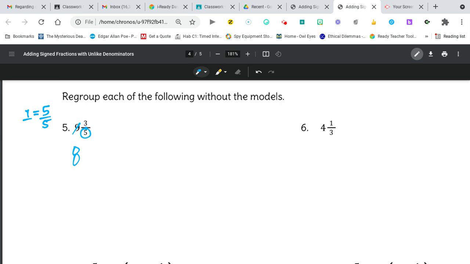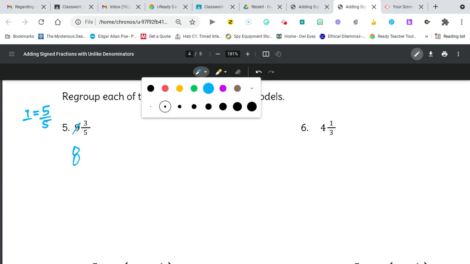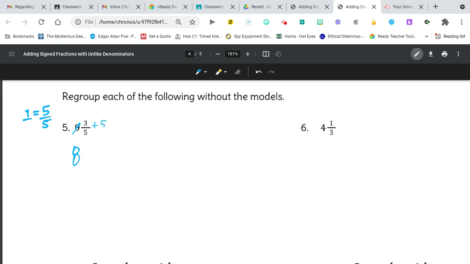I know that because the denominator is a 5, so I had 5 slices, or 5 pieces, in it. So what I'm going to do now is add that whole that I borrowed to the 3/5. I'm going to put these together. So I take 1 from the 9 and make it an 8. And I add that 1, which is the same as 5 over 5, to 3/5, which makes 8/5.